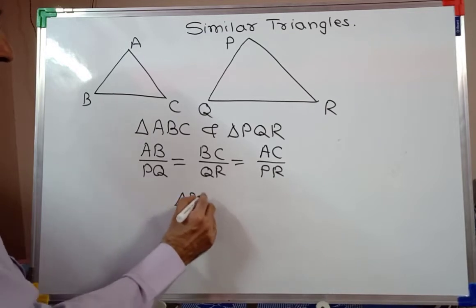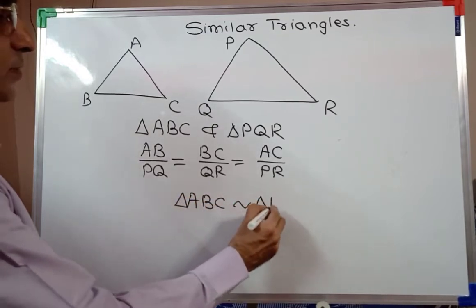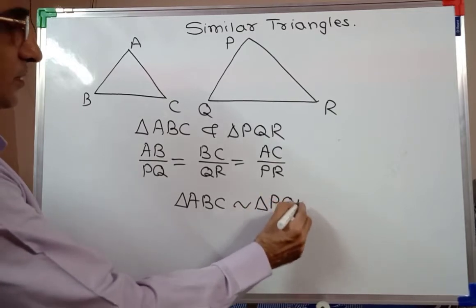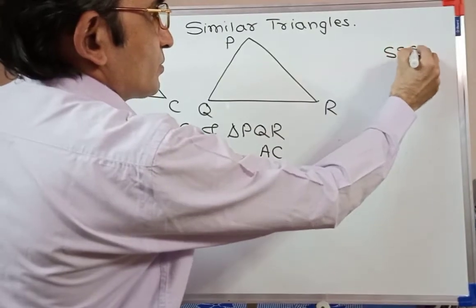Triangle ABC similar triangle PQR. This is called the SSS test.